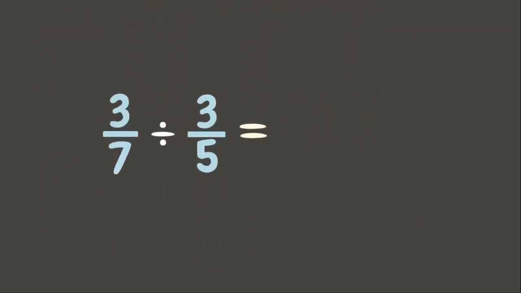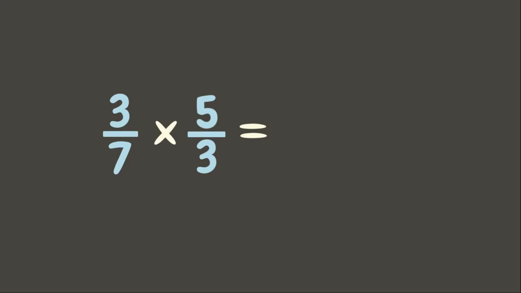Now let's have more examples. Let's try 3/7 divided by 3/5. Again, what is our first step? You are right. We need to get the reciprocal of the divisor 3/5. Let us switch the numerator and the denominator. There. Now, let's change division into multiplication.